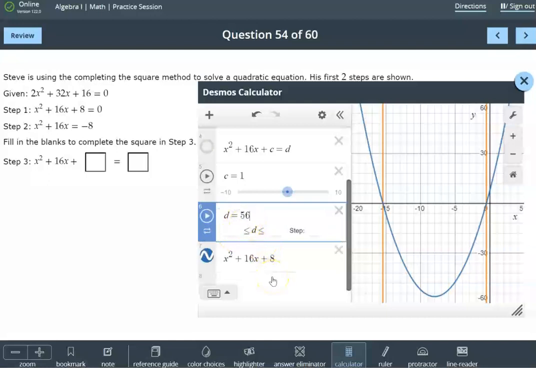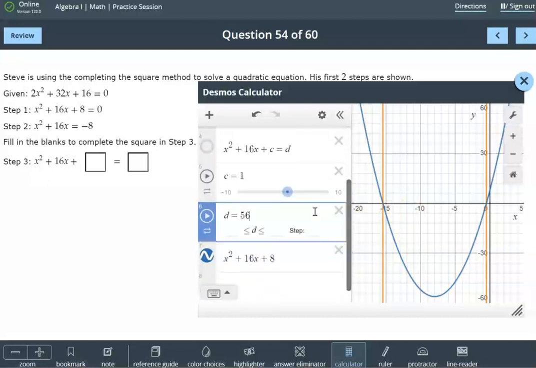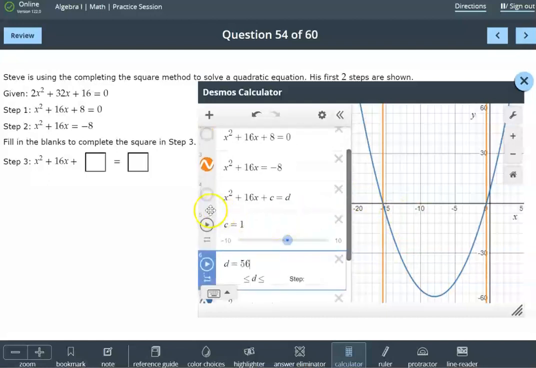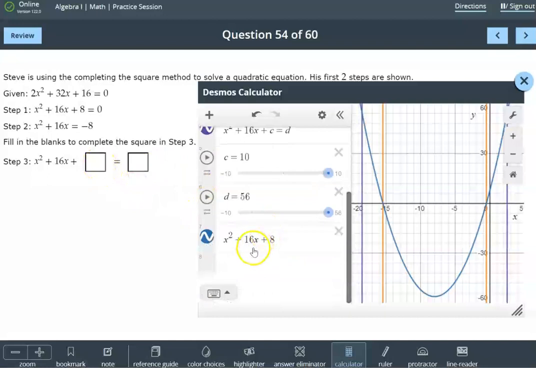My bad. I put it in the wrong spot. All right, so I know D is 56. So the question is, where am I going to put the purple now if I know D is 56? So you can move this around, but again, you're not going to be able to get to it because look at this. I got to pull this way in here. So how am I going to find that number?